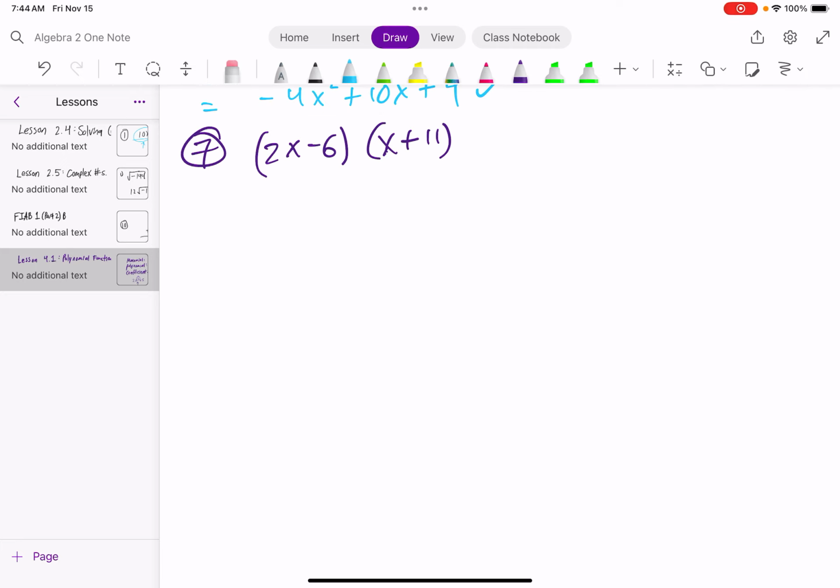So we're going to do distributing this times this, and then this times that, just like so. So in that order, again, this would be 2x times x is 2x squared. We have 2x times 11, negative 6 times x, negative 6 times 11. And then we add like terms.